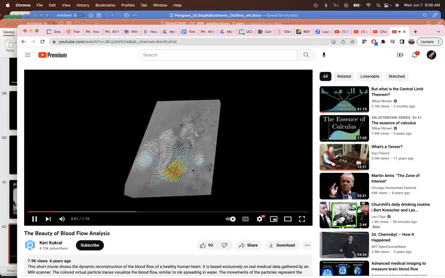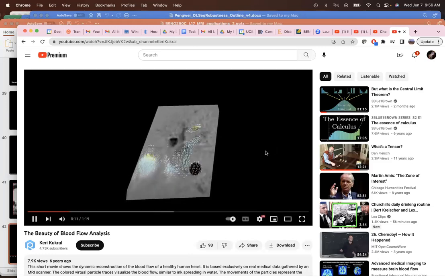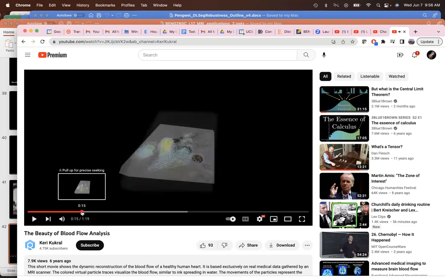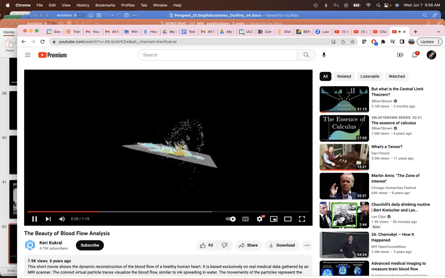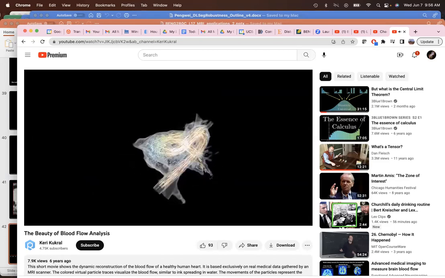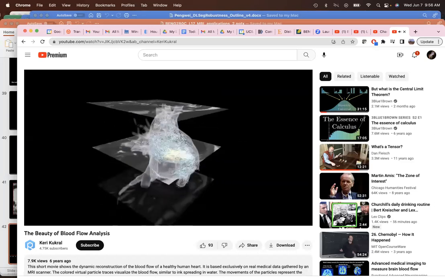But this shows a 3D vector field. Well, I guess it's 4D. It's 3D vectors in 4D, showing the trajectory of particles with flow from 4D flow, and it looks really cool, right?